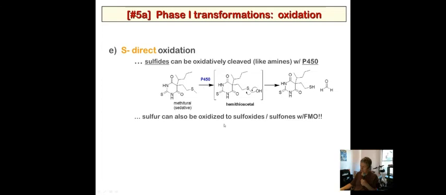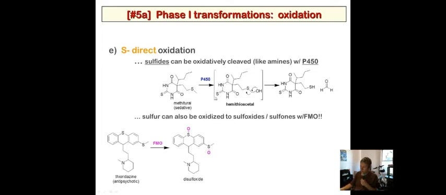Sulfur can also be oxidized to sulfoxides and sulfones with FMO. So FMO is a direct oxidizing agent for the sulfur. And here's an example. This is related to chlorpromazine or some of the thiazine antipsychotics. In this case, FMO directly oxidizes the sulfur, both sulfurs, to make a disulfoxide type thing.